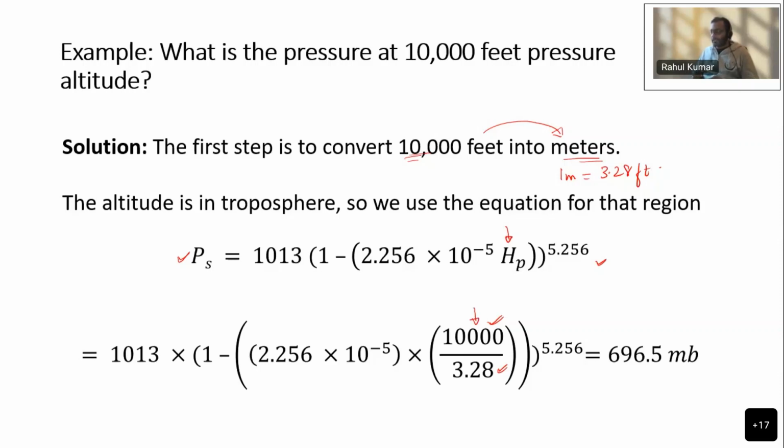Now you have to do the calculation a little carefully, but if you do it carefully, you should get this value, that is 696.5 millibar.